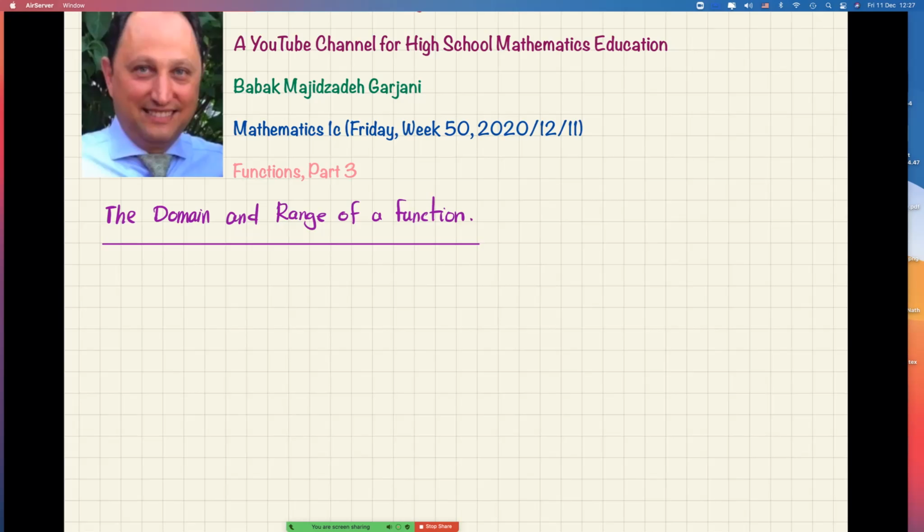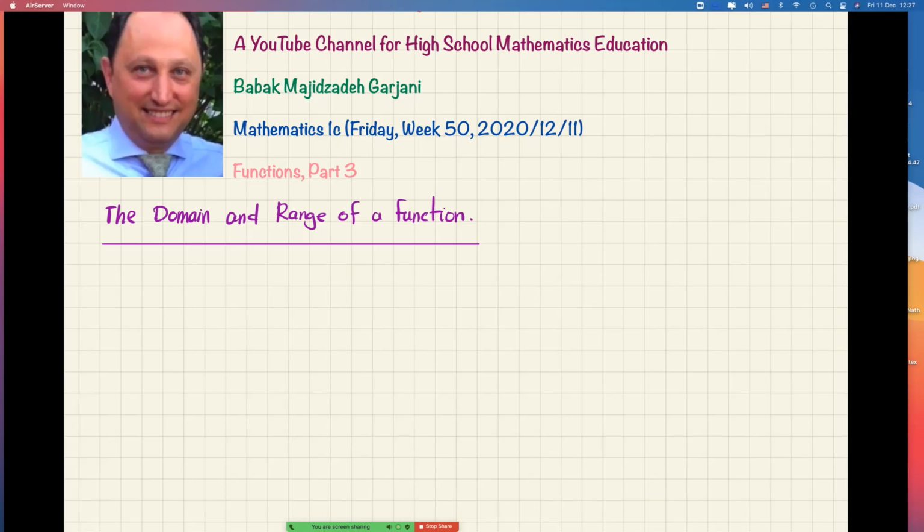If you put all those elements in one set, that set is called the domain of your function. But of course, in your lesson, we are always talking about functions of numbers.